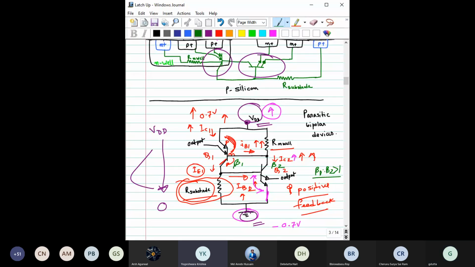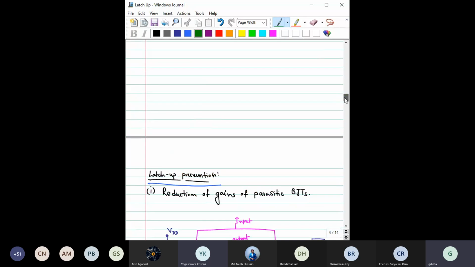Then if by some means you can break this relation, that is beta 1 beta 2, you can lower the value of beta 1 and beta 2, then you could reduce the latch up issue. Now the question is, how can you do that?